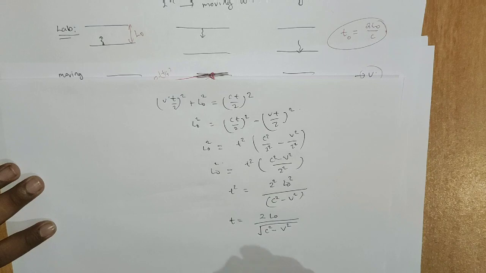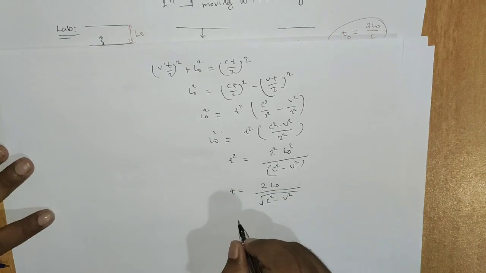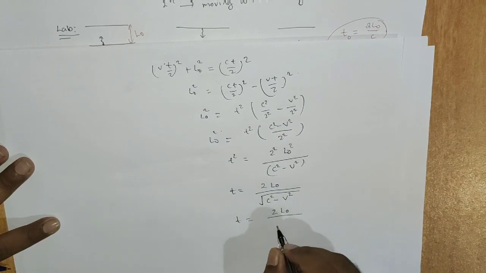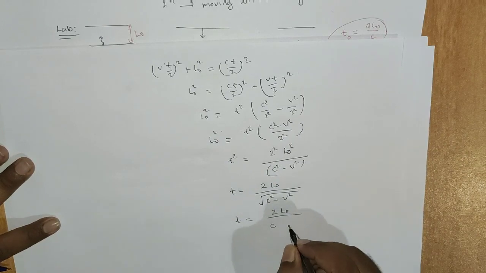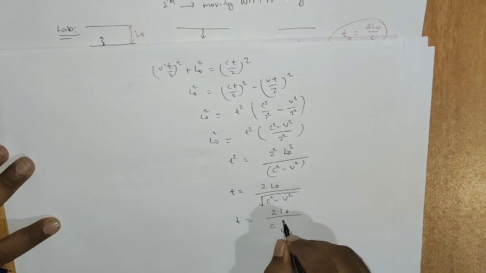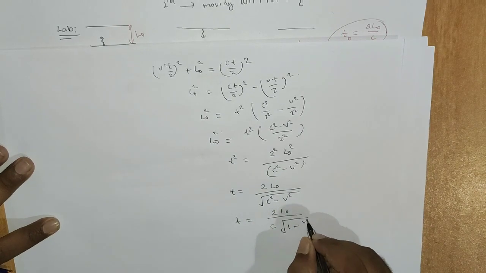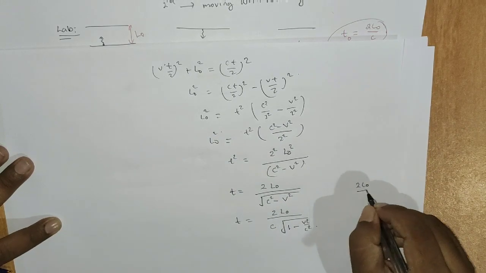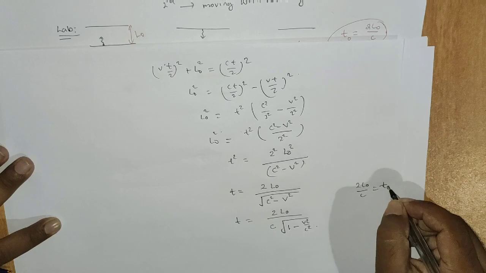Okay, then take c square from outside from here, then we get t equal to 2 L0 by c into root of (1 minus v square by c square). We know 2 L0 by c is what? T naught, proper time.